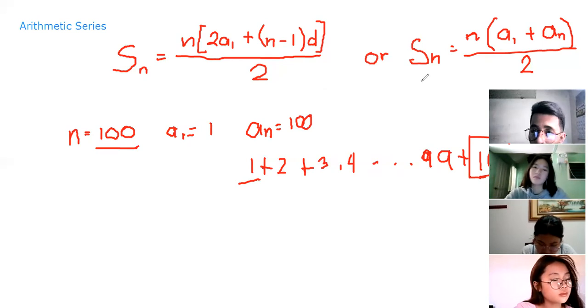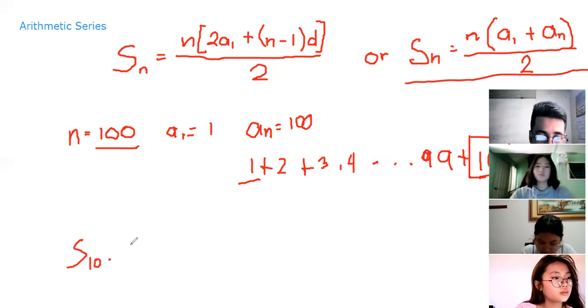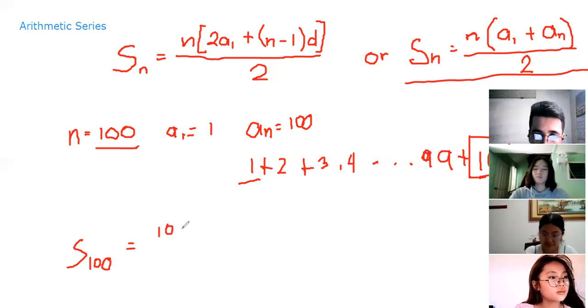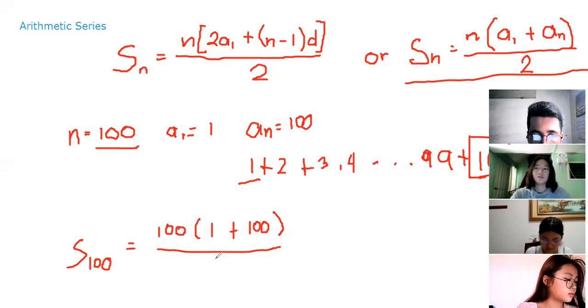So, compute natin gamit itong second nating formula. S sub 100 is equal to 100 times the quantity 1 plus 100, over 2.